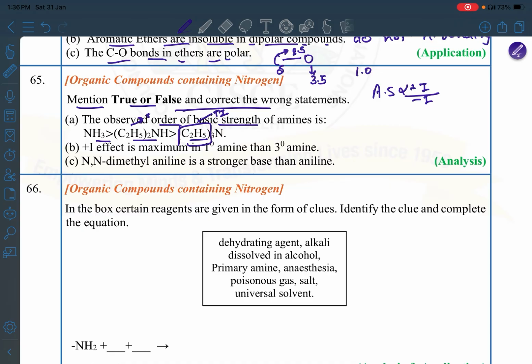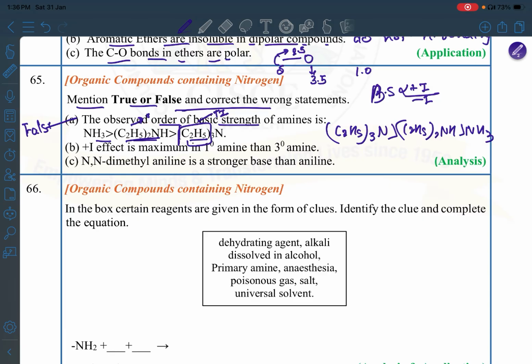So the most basic will be the tertiary amine, (C2H5)3N, then (C2H5)2NH, and then ammonia. So the first statement is false. Another thing, it is talking about the normal strength, not an aqueous solution. For aqueous solution, 2 degree is more basic than 3 degree.